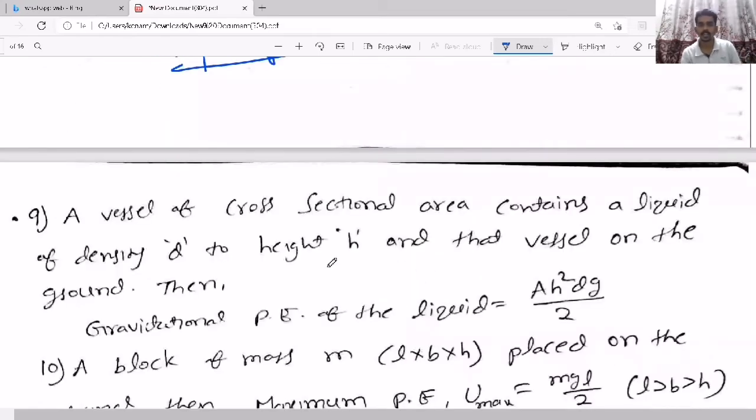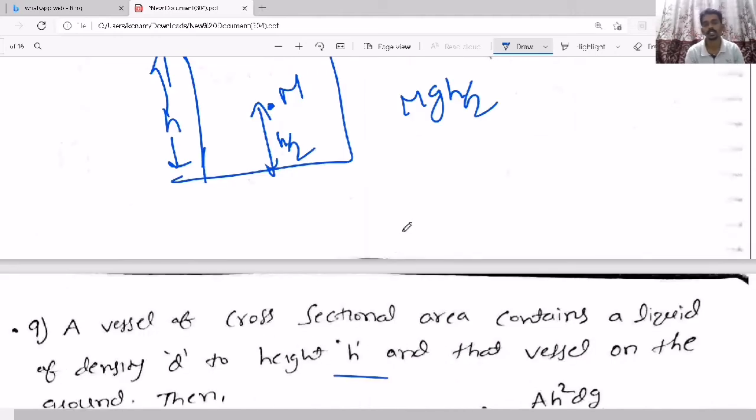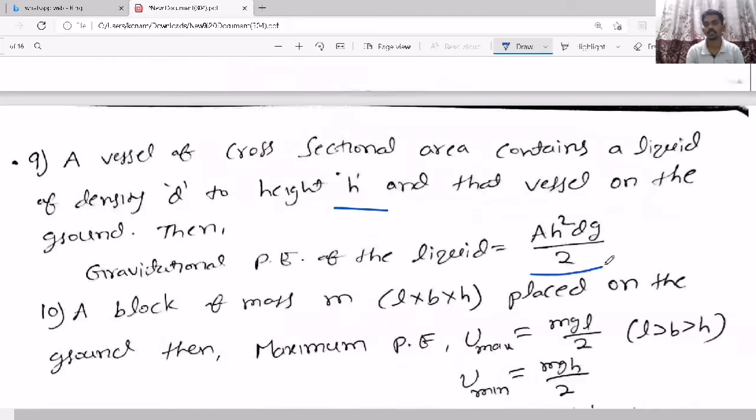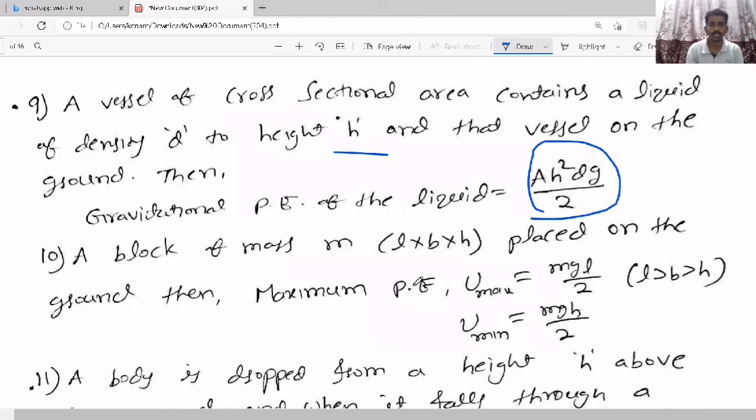Here the height is h and the vessel is on the ground, so the potential energy of the liquid is mgh by 2, where m is the mass. Mass is nothing but volume into density, so this is substituted to give the value in terms of area and density.